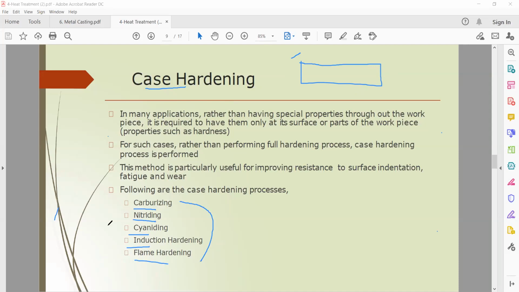These all are types of case hardening, right? The important thing is you are doing the heat treatment process only for the surface of your particular metal, right? And according to the procedure changes, that means how you are doing the case hardening, you can further classify case hardening into these types, right?